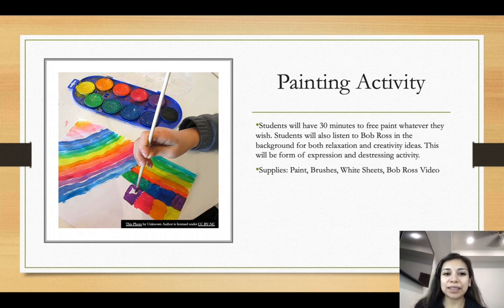I know I feel relaxed when I'm watching Bob Ross. And they may even have a burst of creativity. So this will be a form of expression and a de-stressing activity. Some supplies that you may need are paint, brushes, white sheets, and just presenting the Bob Ross video. It's as simple as it gets.